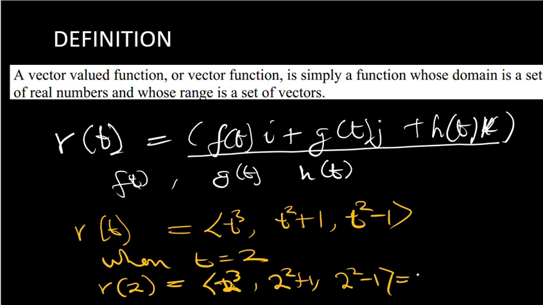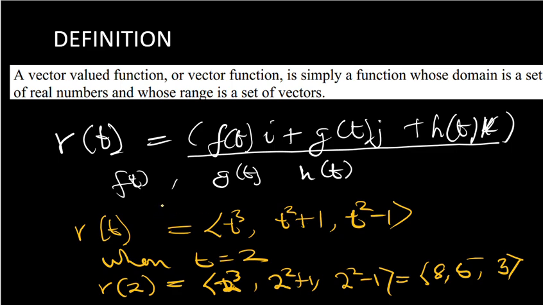And this will yield 8, 5, and 3. So the 8, 5, and 3 are real numbers. But a combination of these three, which represents our r of t, is a vector.